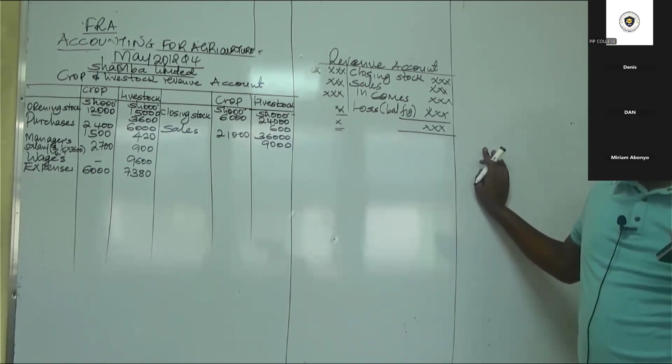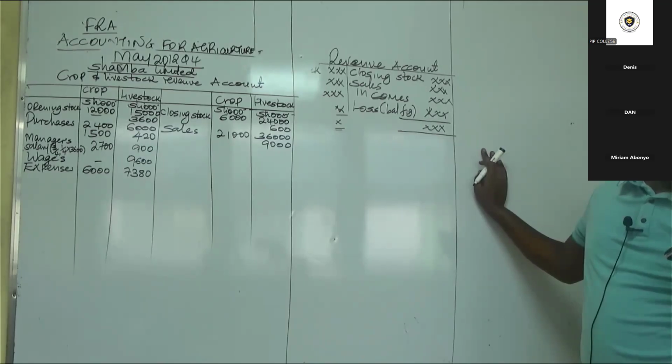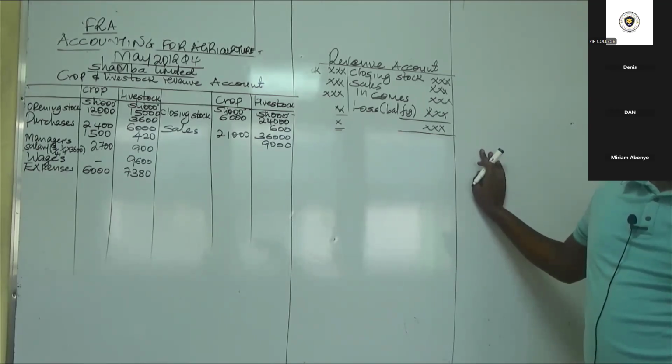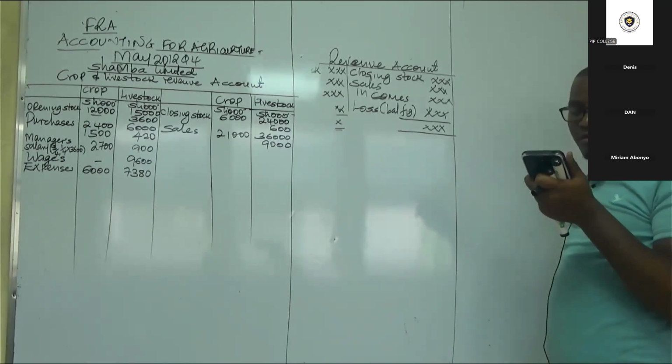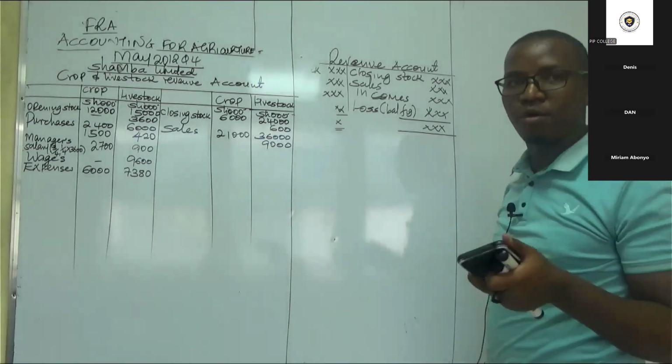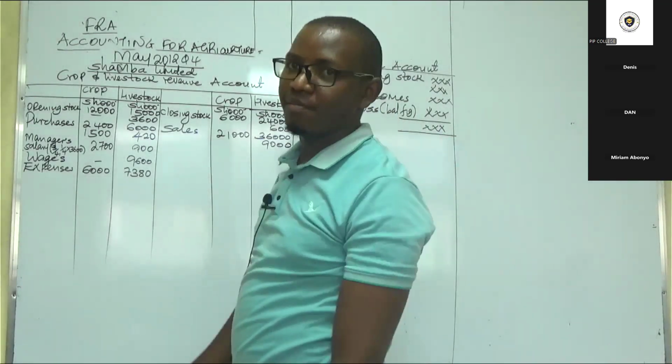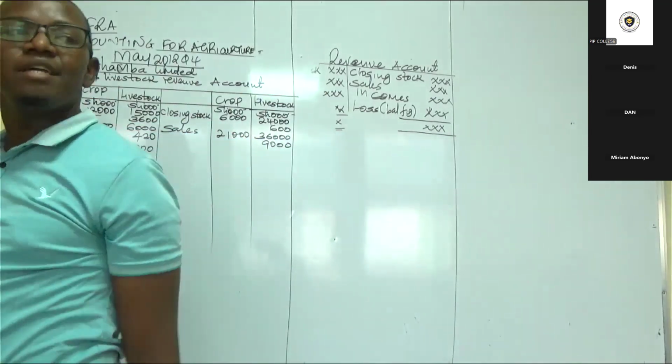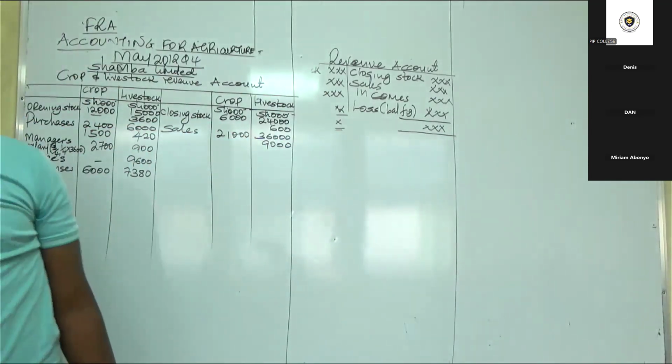It will affect us in the preparation of the general income statement. Number 5. Manure worth shillings 18,000 was used in the farm, while farm crops used to feed the livestock were valued at 390. So this is what we said is an interdepartmental transaction.